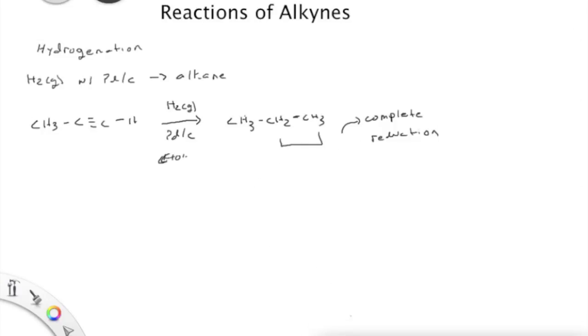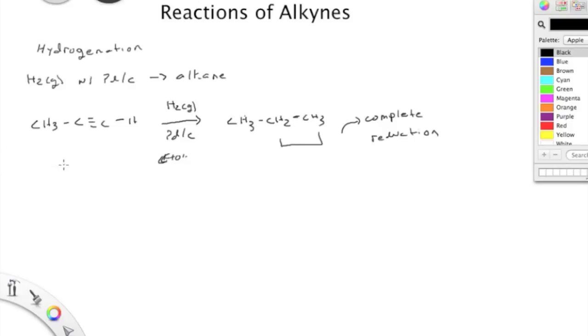Another reaction that we can use, if we don't want the alkane but we want the alkene, we have to do a couple of different things. So if you want the alkene, you have to do something called poison the catalyst, or go about it in a completely different way.